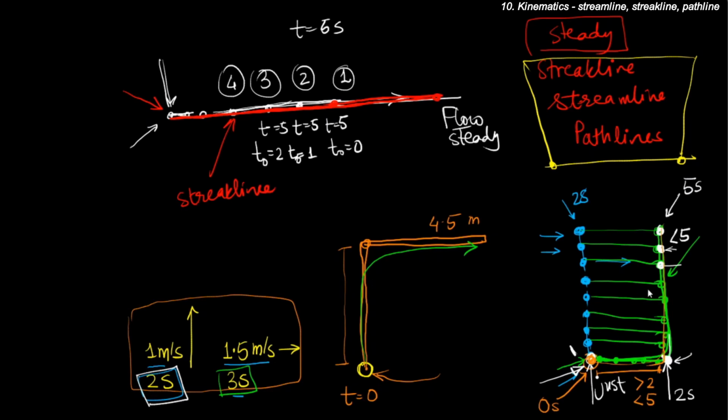While each particle has a different path line, suppose I want to know the path line for this particle. The path line for this particle would be this particular curve, because this is how the trajectory of this particle would have looked. This particle would move up, but because it was injected a certain time before 2 seconds, it moved slightly up.